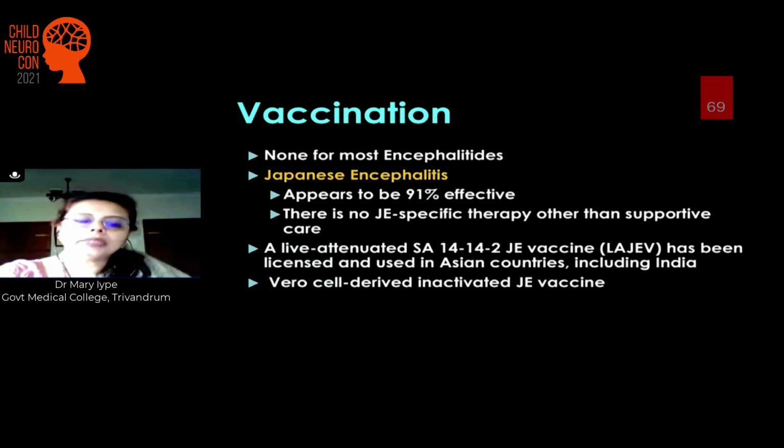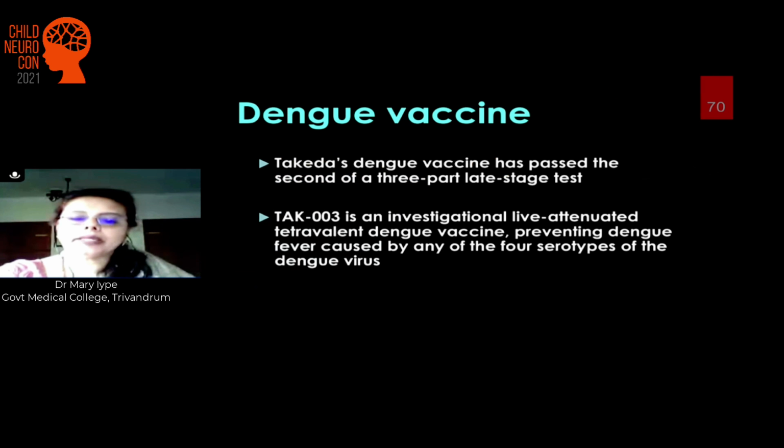And now there is the Vero cell derived inactivated JE vaccine, and Japan has also produced a chimeric vaccine where JE and yellow fever vaccine are combined together. Dengue vaccine: Takeda's dengue vaccine has passed the second of a 3-part late-stage test, and it will be used widely in the near future.